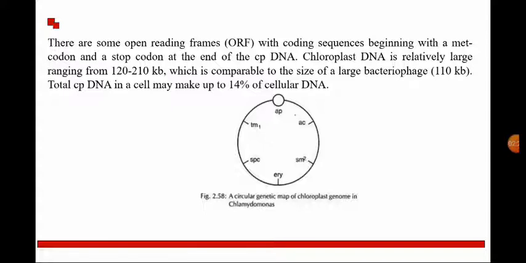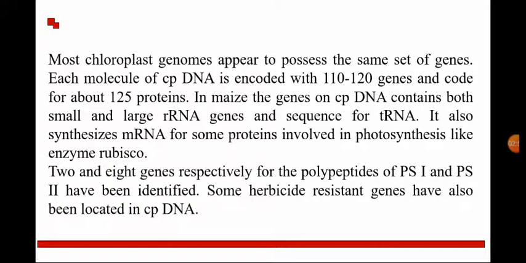Chloroplast DNA is relatively large, ranging from 120 kb, which is comparable to the size of a large bacteriophage, which is 110 kb. So the total chloroplast DNA in a cell may contain 40% of cellular DNA. Out of 100, 14% is present in this chloroplast DNA.